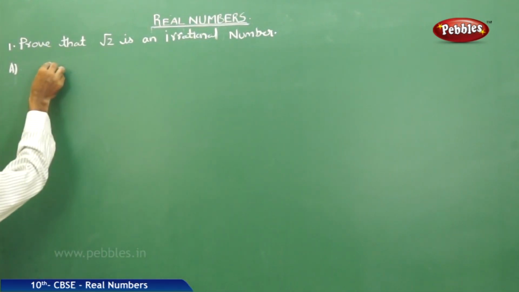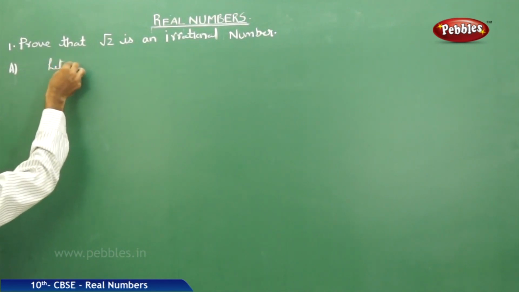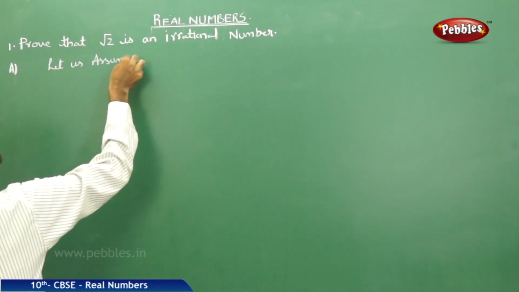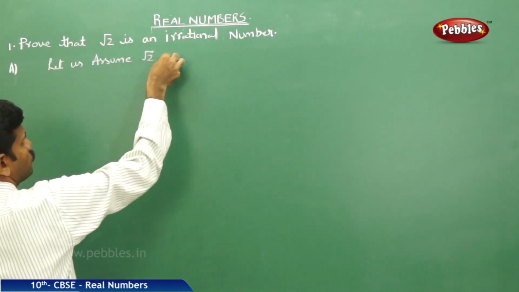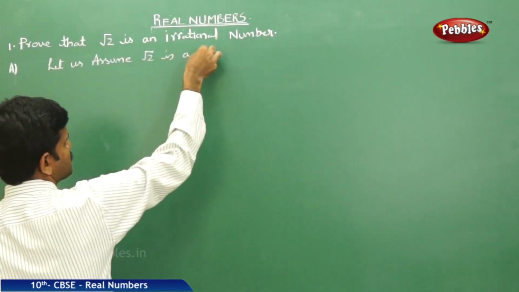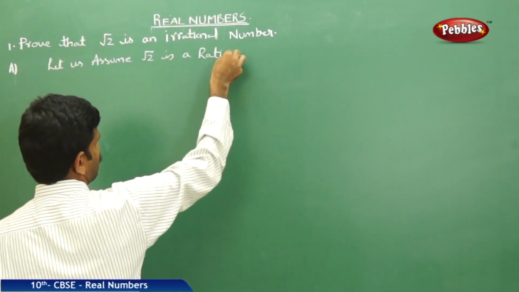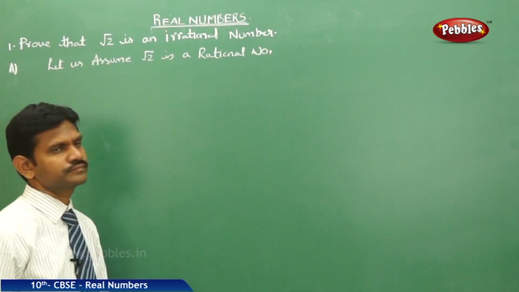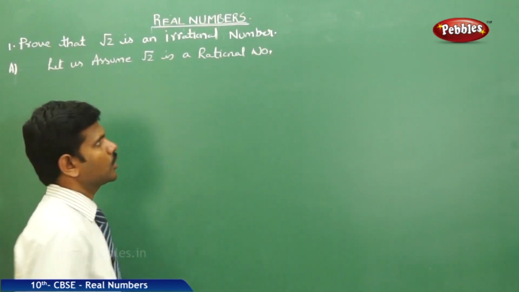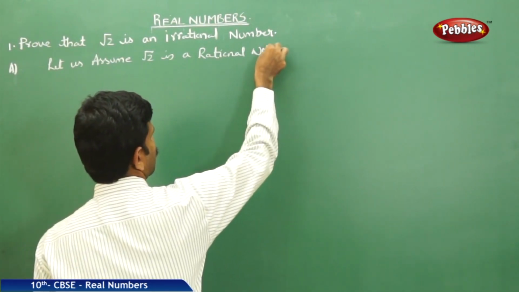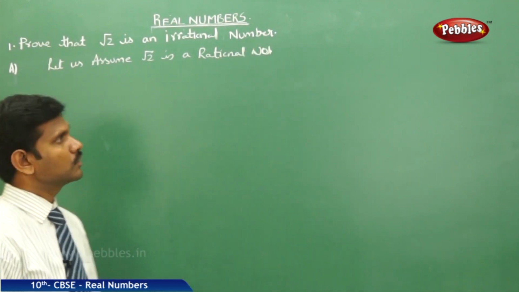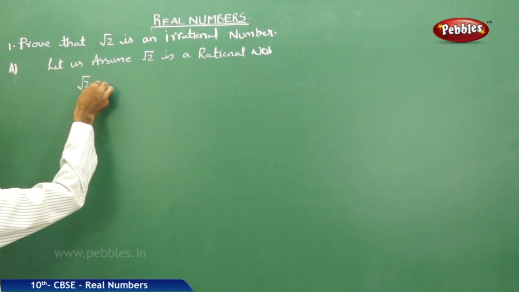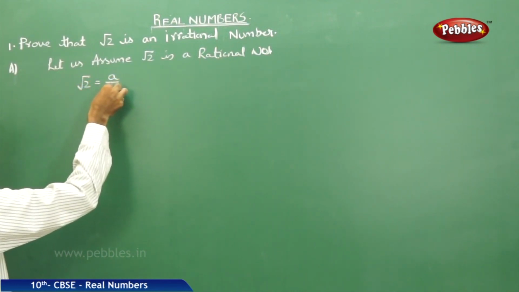Now let us observe. Let us assume root 2 is a rational number. You know very well, every rational number can be expressed in p by q form.